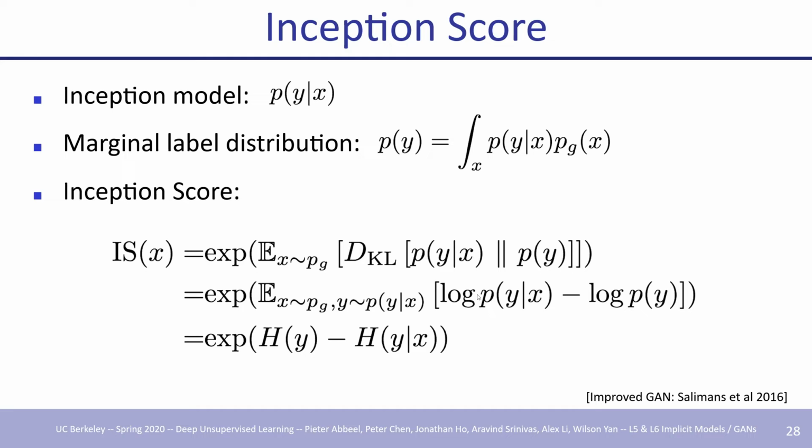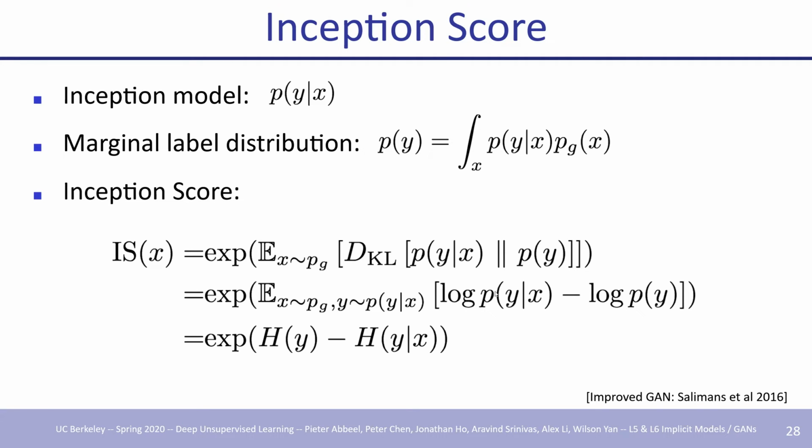And just from the definition, this is using the definition from the other page. If you have log a over b, then it becomes log a minus log b, right? So that's a slightly different form. But then the p(y|x) goes over here in the expectation.